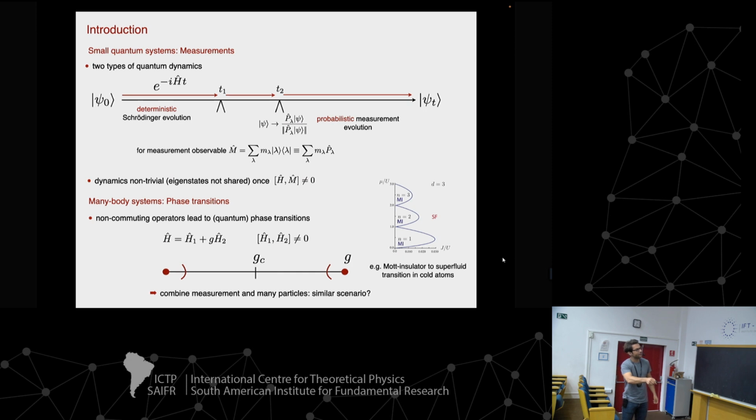And an example that you can think of here is this famous Mott insulator to a superfluid transition that you face in cold atoms. So if you have a Mott insulator, when local interactions dominate, that localizes particles down on site, stabilizes such a state, while if you have, as the other operator that competes, kinetic energy wants to delocalize the states, the eigenstates of kinetic energy are delocalized momentum eigenstates, and that gives rise in a many-body system to the occupation of a single big quantum state, a Bose condensate.